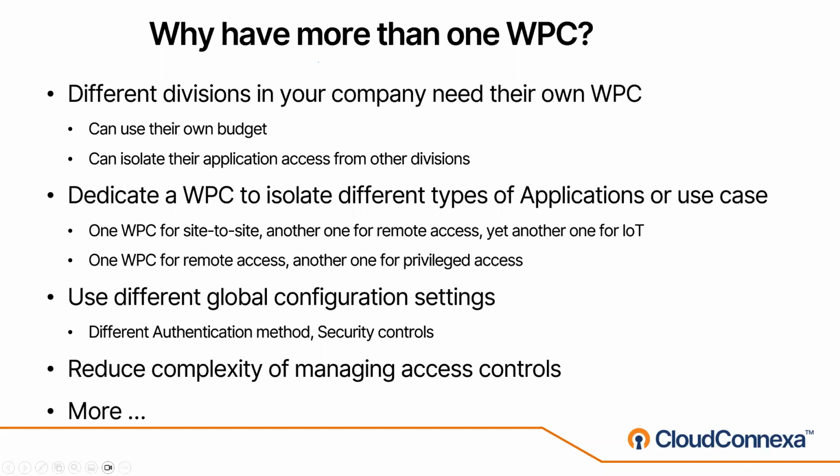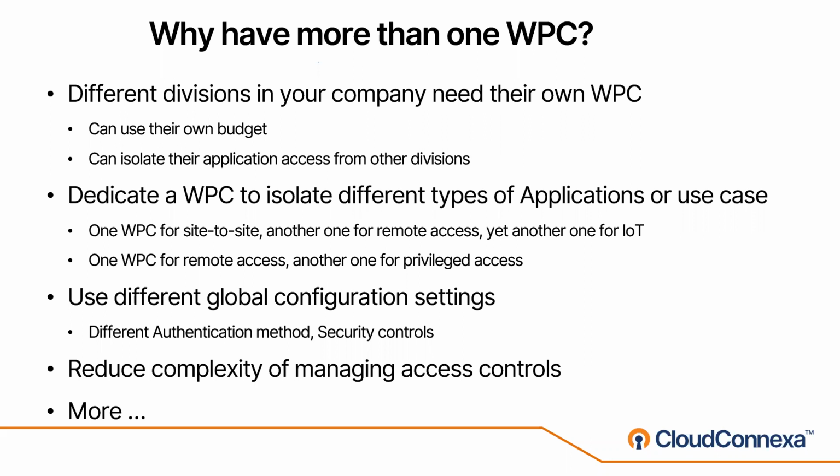Then the second reason could be that you might decide to isolate or segment your network based on the use cases or the purpose for creating this WPC. For example, you might want to connect your branch offices to your headquarters, or your headquarters to the AWS VPC, like a hybrid network or multi-cloud network.